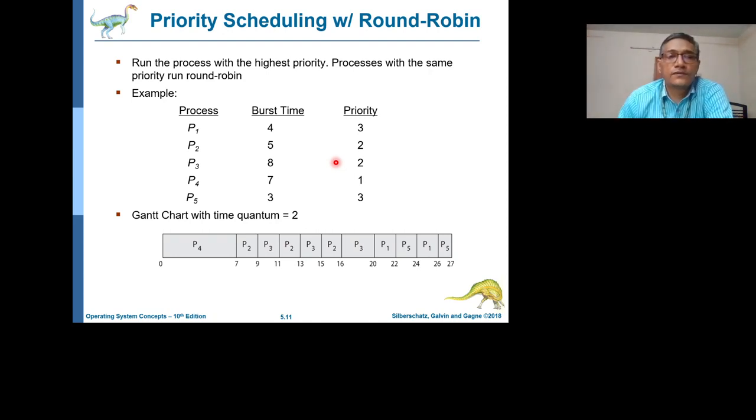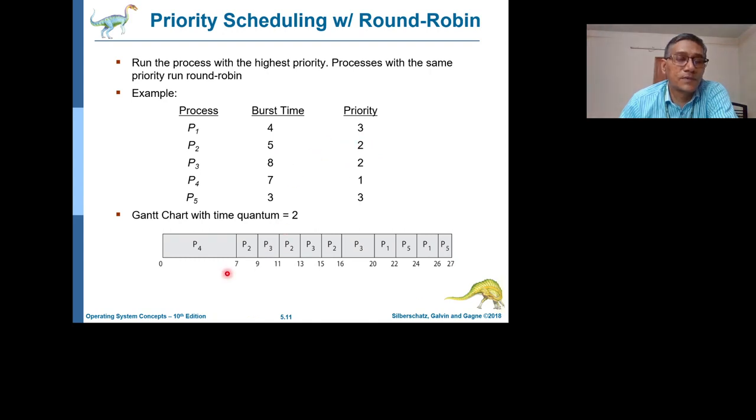For example, if you see here, P1 and P5 have the same priority value 3. As per the time quantum, in this example we will consider a time quantum of 2 milliseconds. So if the priority value is the same for 2 or more processes, they will be executed for that time quantum. Similarly for P2 and P3, which have the priority value 2.